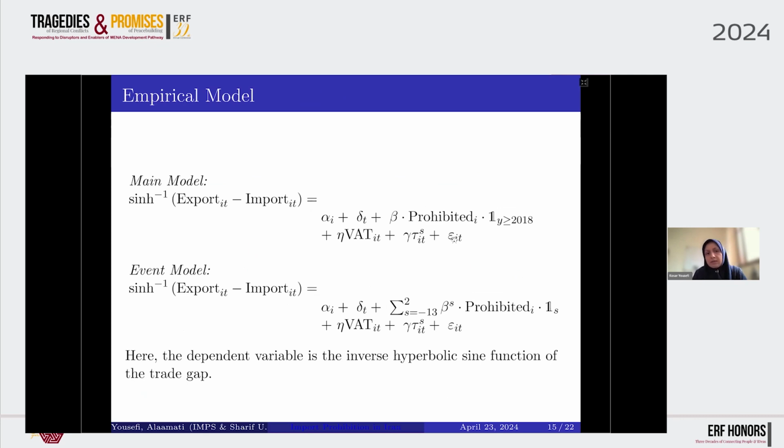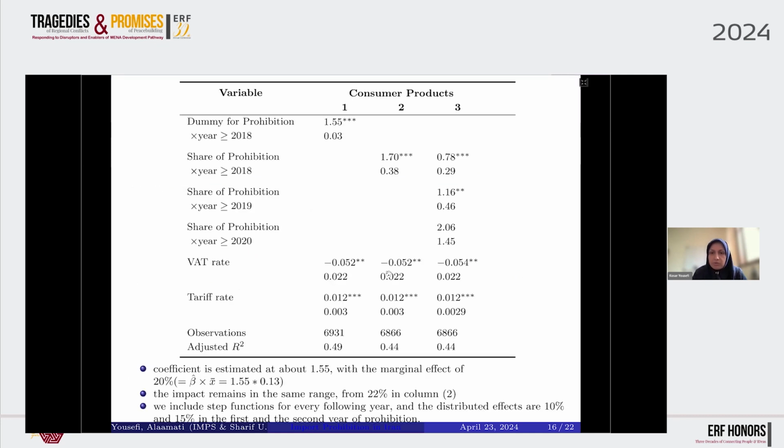But this is just the schematic, and we use this specification. It's based on DID, difference in difference, with fixed effects at product level, fixed effects at year, prohibition dummies multiplied by time for prohibition, VAT rate, and statutory tariff. And we are going to estimate this specification, as you can see here in this table.